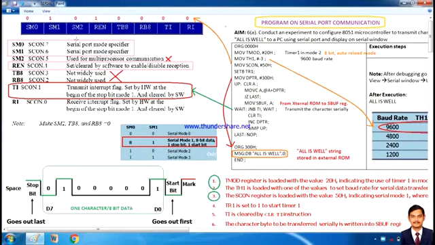By setting a particular pattern, what happens? Let's look at the first two bits, SM0 and SM1. By moving 0, 1 here, we are setting serial mode 1, a mode 1 serial communication. We are sending 8 bits at a time, along with one start bit and one stop bit.